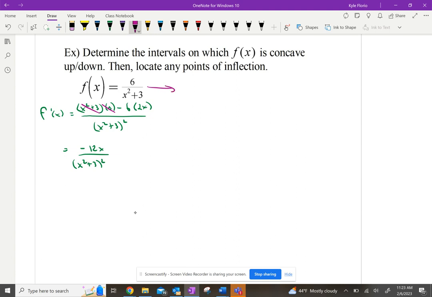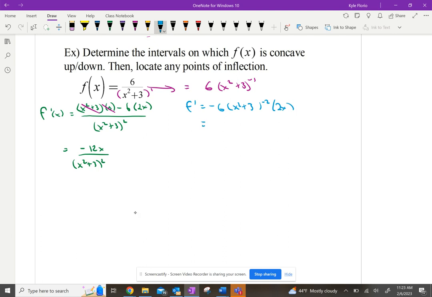Alternatively, I'm going to erase this, but you could have rewritten this as 6 times x squared plus 3 to the negative 1, right? Cross the line, change the sign. And if I wanted the derivative of that, I would just use the chain rule. So negative 1 times 6 is negative 6. Leave this alone, subtract 1 from negative 1, you get negative 2, times the derivative of the inside. The derivative of the inside is just 2x.